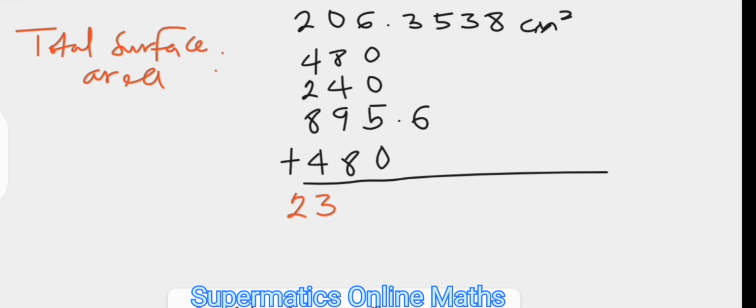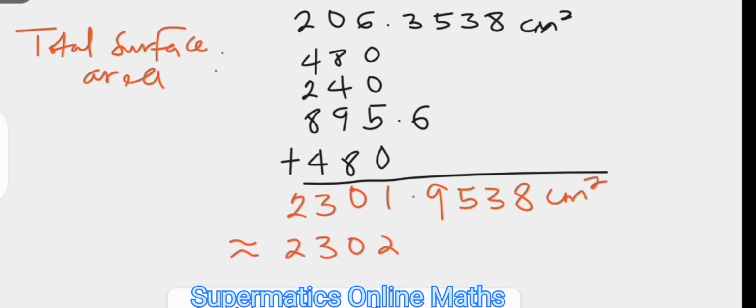Adding them together gives 2301.9538 centimeters squared as the total surface area of the shape, which is approximately 2302 centimeters squared, to the nearest centimeter squared.